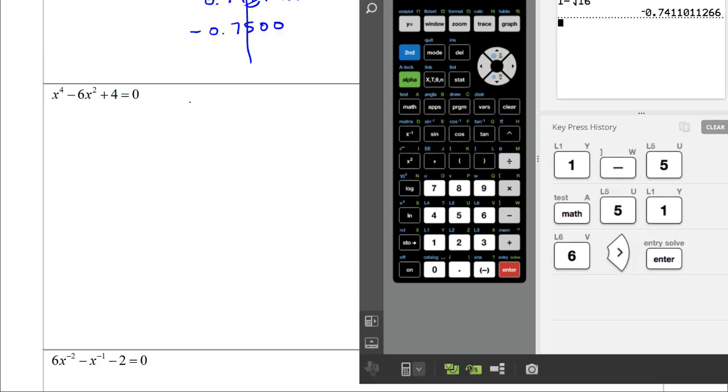Next one, you may have tried to factor this and got stuck. So instead, we use the quadratic formula. What is being squared? X squared. So x squared equals negative b plus or minus square root of b squared minus 4 times a times c all over 2a.